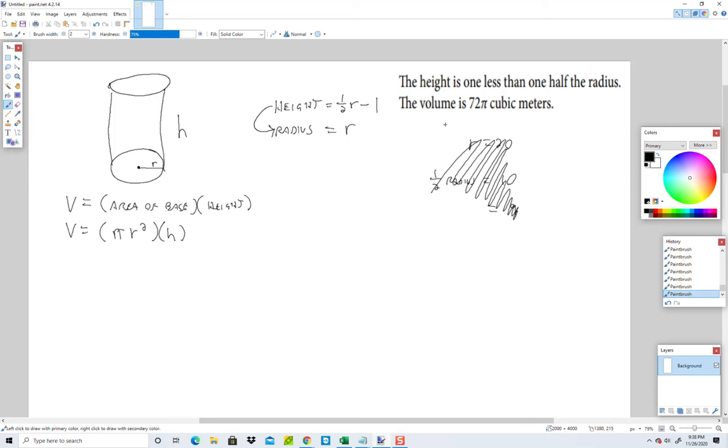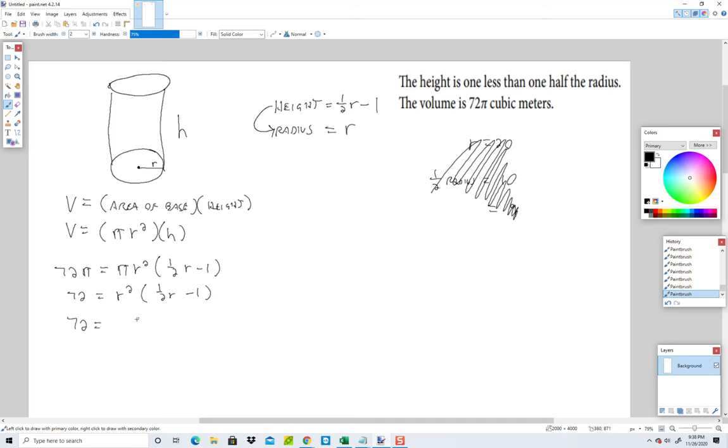So volume is 72 pi. So I'll go ahead and put 72 pi there. And we have pi r squared times h, and h is 1/2 r minus 1. Now notice there's a pi on both sides. I could divide both sides by pi and get 72 equals r squared times (1/2 r minus 1).